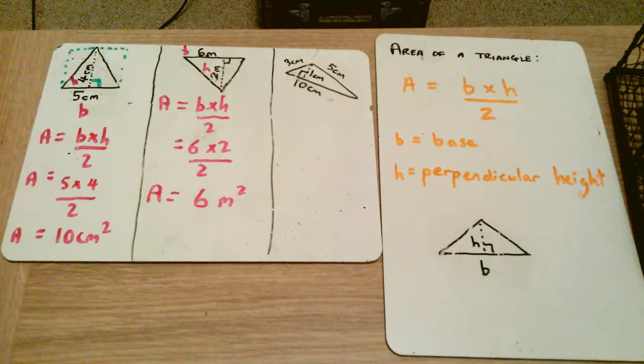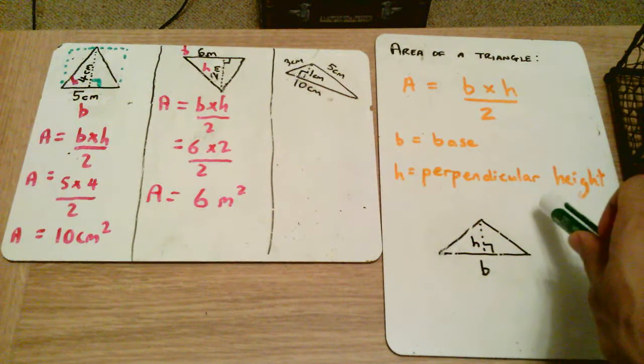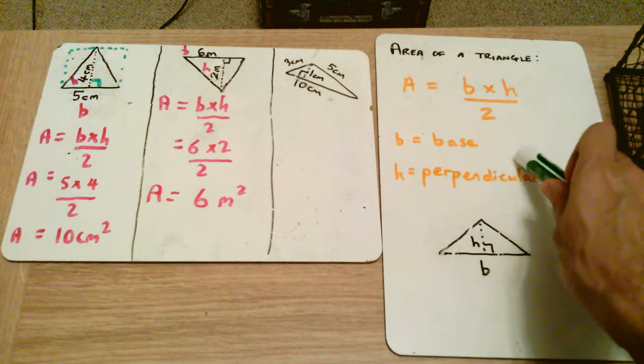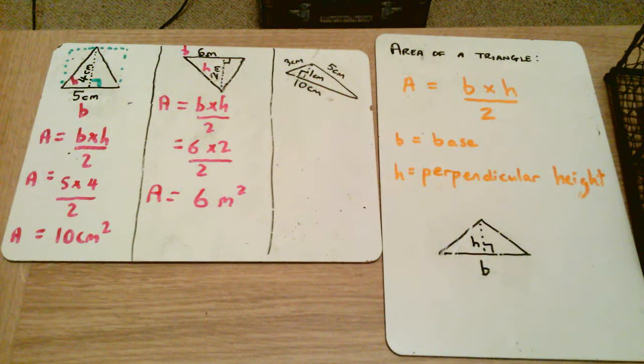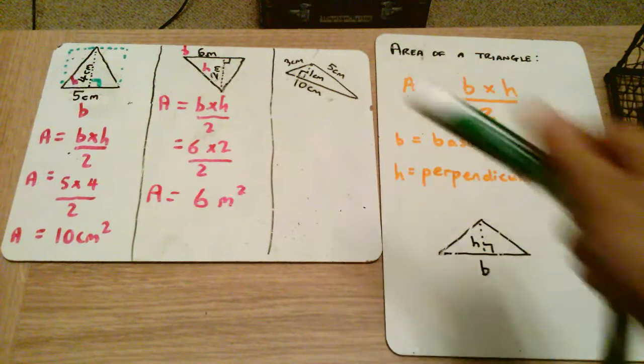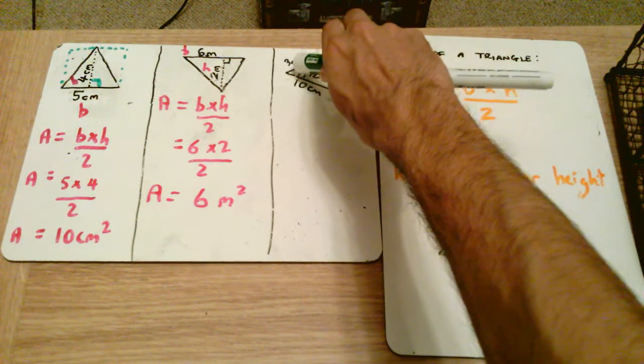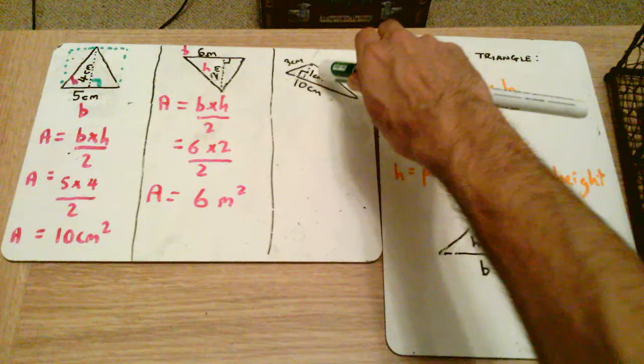Now, the last one is a bit more challenging because I have 4 different lengths in this diagram. This is where this formula becomes much more important in understanding which one is the base and which one is the perpendicular height. Technically, any length in a triangle could be the base, but we need to use the one which has a perpendicular height. The right angle here is perpendicular to the 1 and the 10.